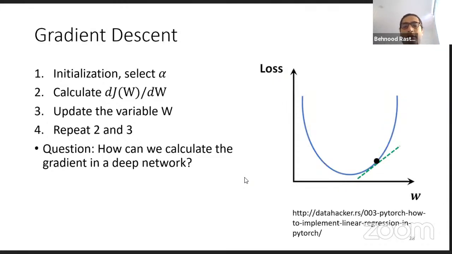And when you want to calculate the derivative, then you can use the chain rule, as one of the audience wrote. So yeah, this is exactly where backpropagation comes to play.